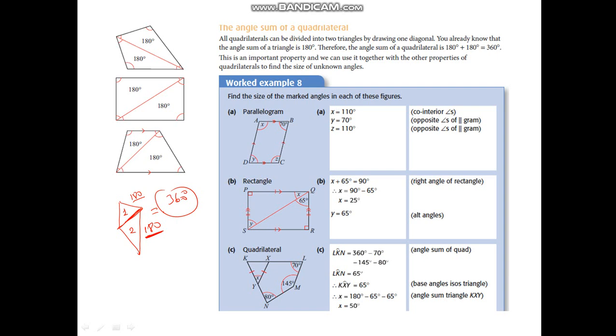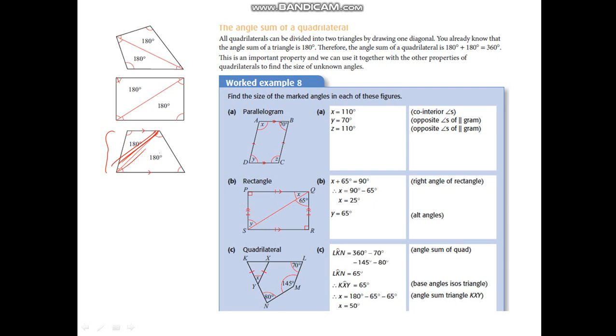This is an important property, and we can use it together with the other properties of quadrilaterals to find the size of unknown angles. For example, the rectangle, trapezium: when you divide into two separate shapes, you will get two separate triangles, and each is 180 and 180.